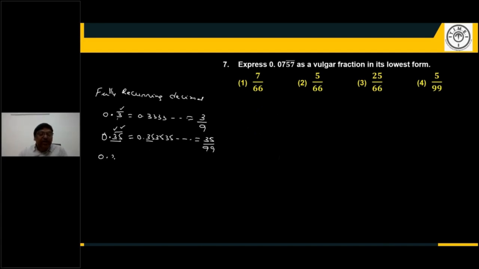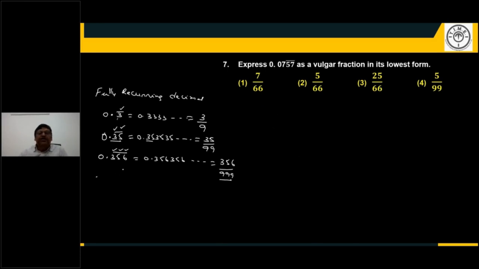Students, if it is 0.356 bar, what does it mean? 0.356, 356, and so on. That means 3 digits are recurring. So 356 by, how many digits are recurring? 3 digits. So 3 nines. This is about, students, if it is fully recurring decimal.